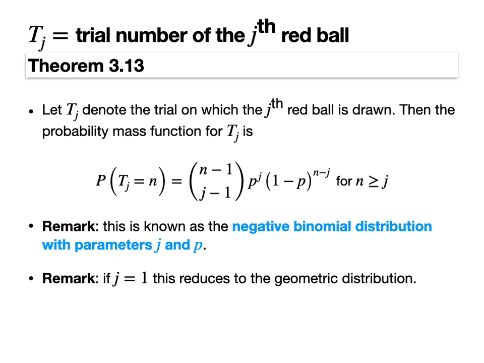This is similar to the kind of problems we've done previously, like, what's the probability that if you roll a 6-sided die, the first 3 appears on trial 5? That would be T1, right? For the probability that T1 equals 5 there. And when j equals 1, the distribution has a special name. It's called the geometric distribution.